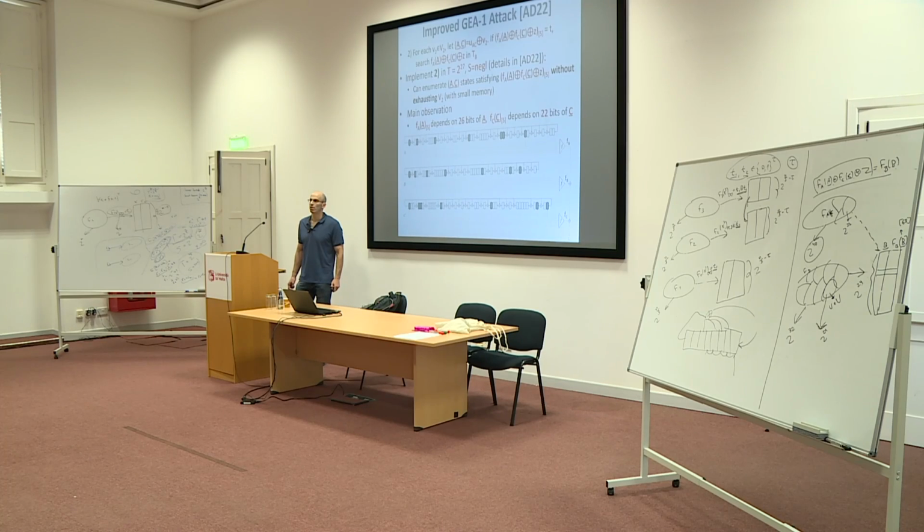So is this main observation the reason why you chose the prefix length of 5 bits? Yeah, that's the reason. If you look carefully, you see that the 5-bit output prefix depends on 26 bits of A. And if you go further, if you look at the 6-bit output prefix, then it already depends on, I don't know, 29 bits of A, and then you don't get the right complexity here.